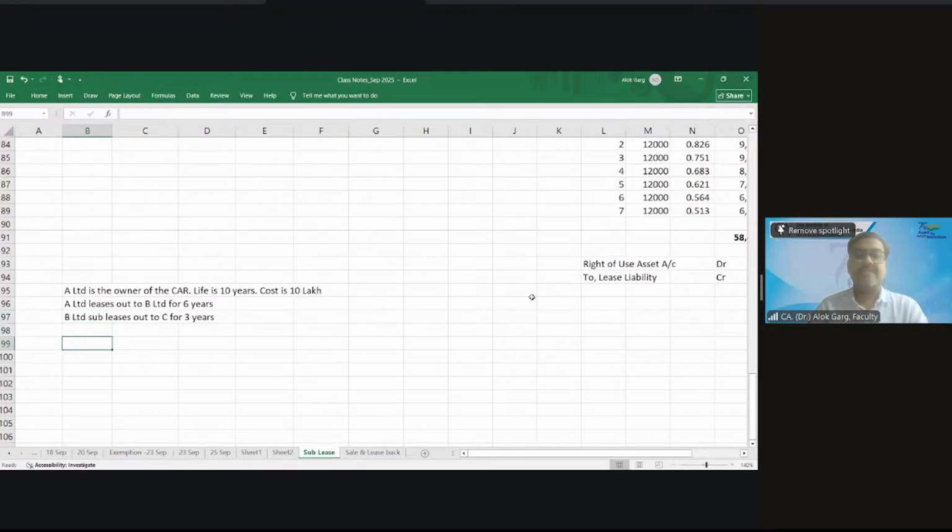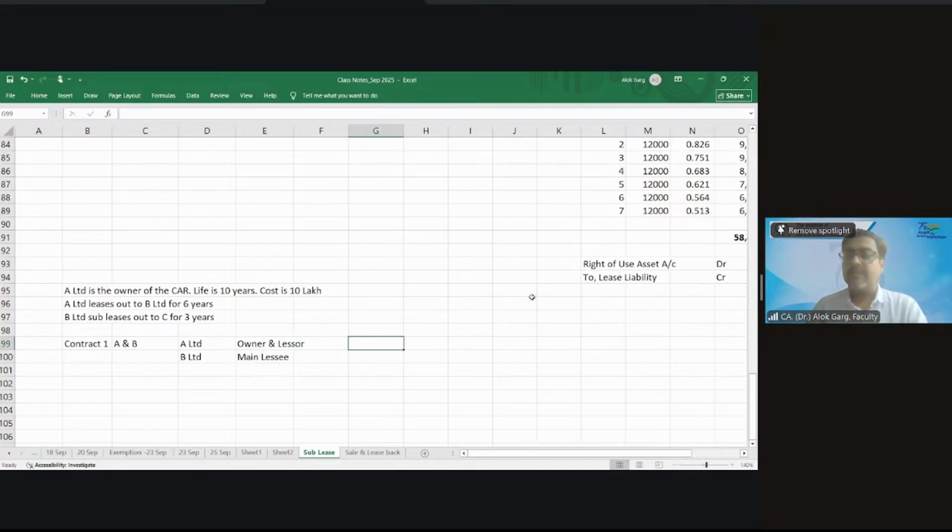So in this case, contract 1 is between A and B. A Limited is the owner of the asset. So A Limited is the owner and lessor, and B Limited is the main lessee.